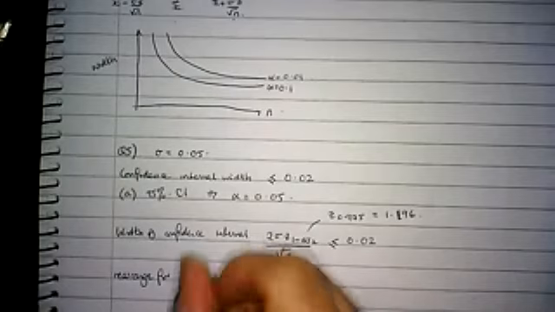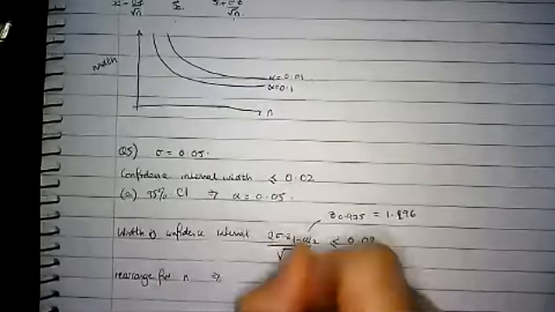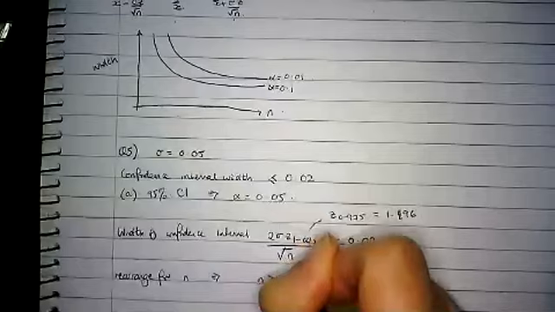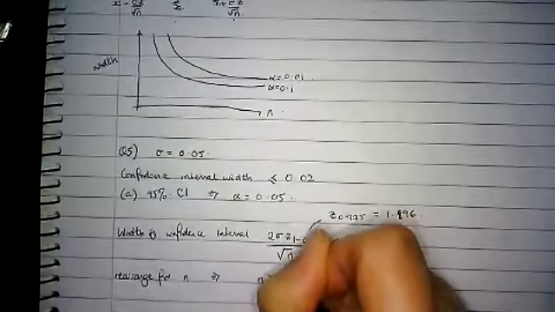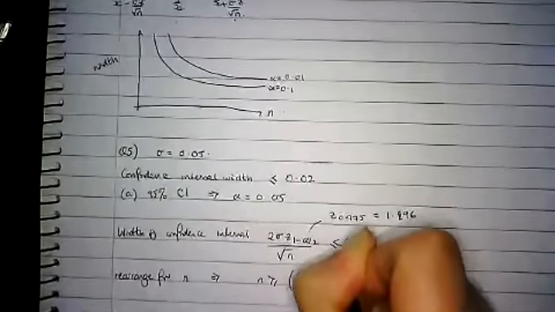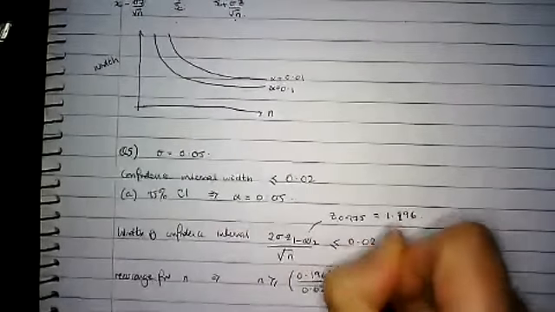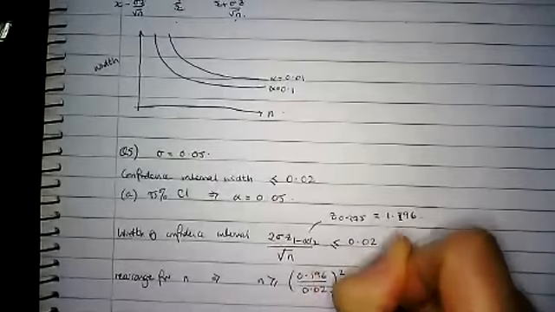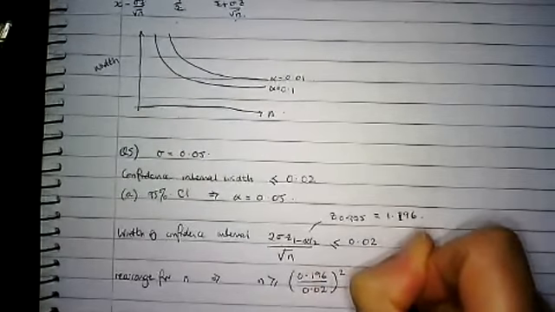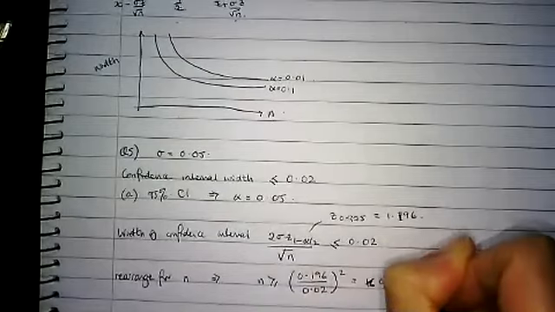Okay, so that is going to give me n is bigger than 0.196 divided by 0.02, all of that squared. And if I calculate what that is, I get 96.04.